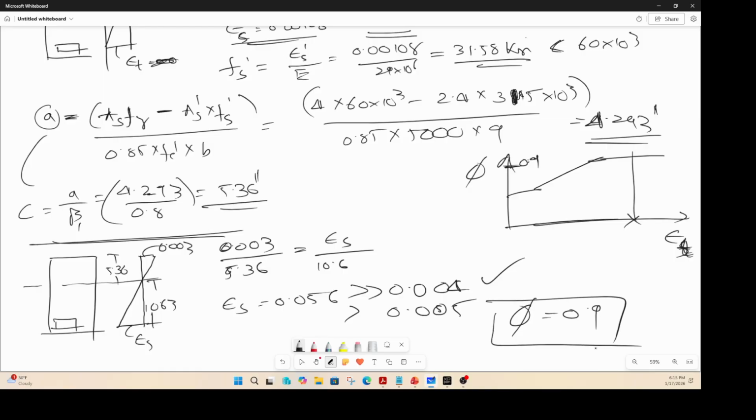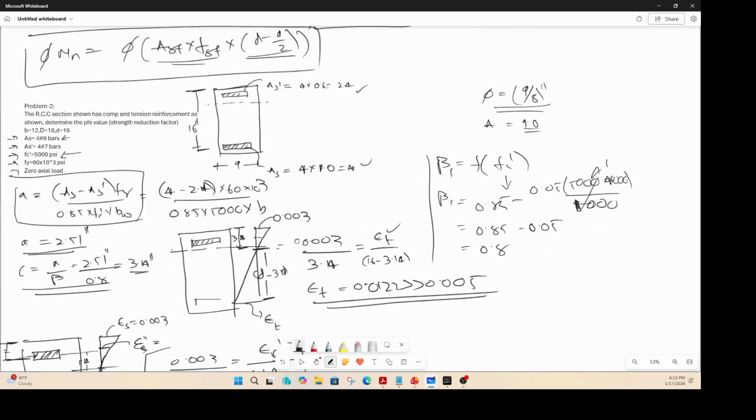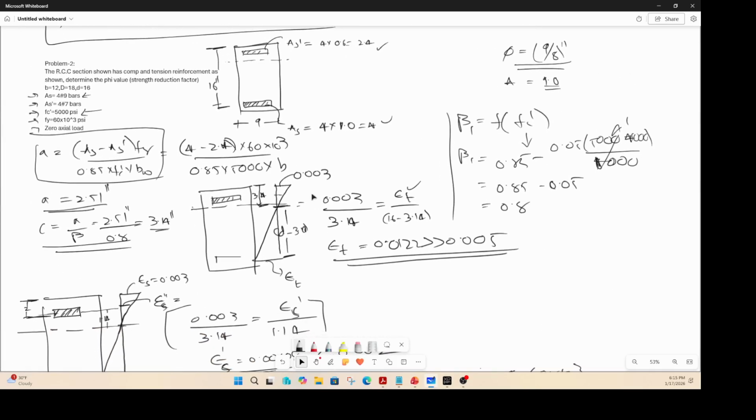Okay, such a simple question, but pretty conceptual, because the inherent assumption in using this formula is that the compression steel and the tension steel have both yielded, right? So we assume that they have yielded. Find out the depth of Whitney's block, then based on the beta value, which is a function of Fc prime, you calculate your depth of neutral axis.